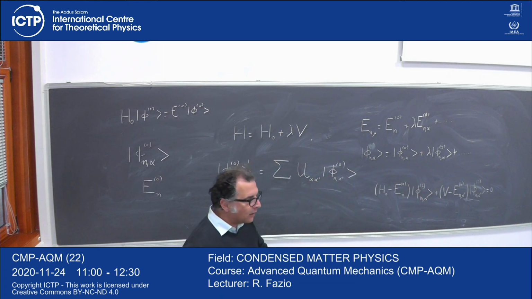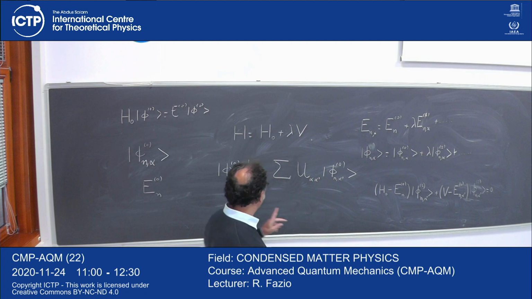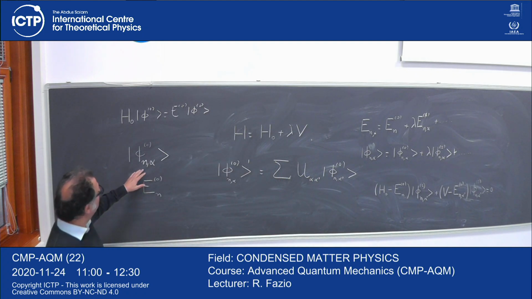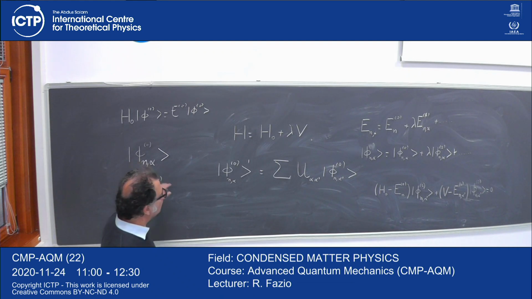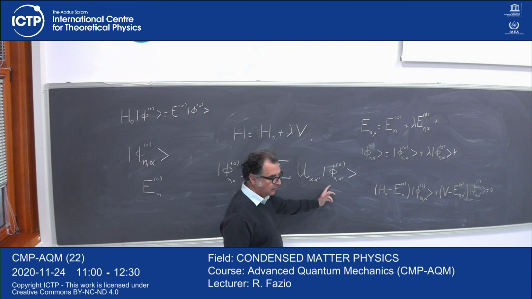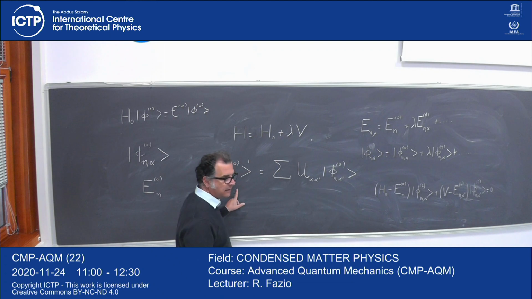So up to now, the only thing you have to keep in mind is that in a degenerate subspace, this set of states is not unique, because you can do a rotation on this basis, you get another basis, and this will still satisfy the eigenvalue equation with the right energy.